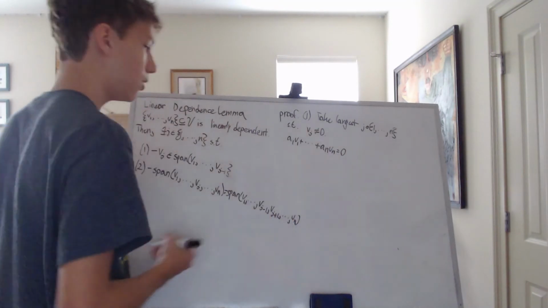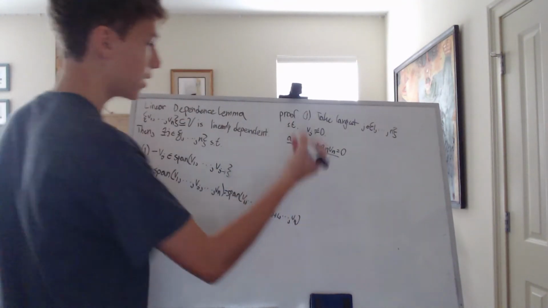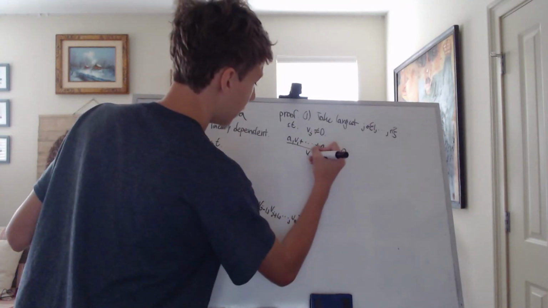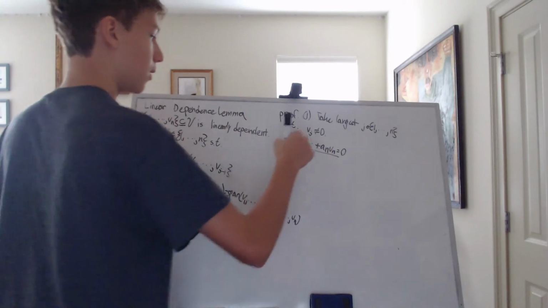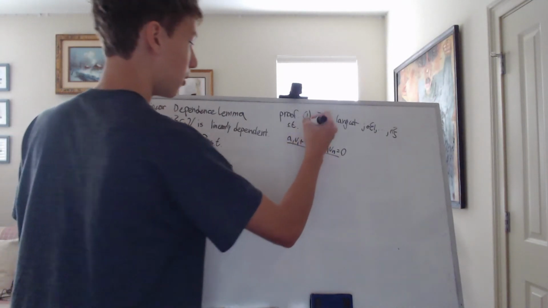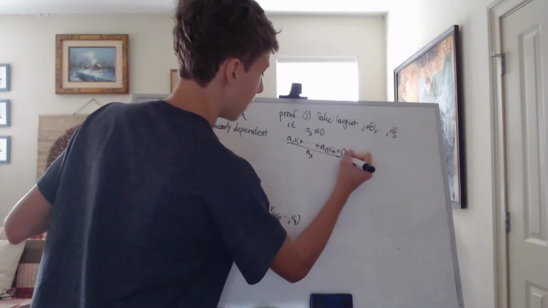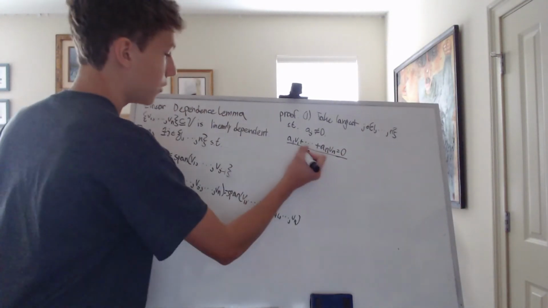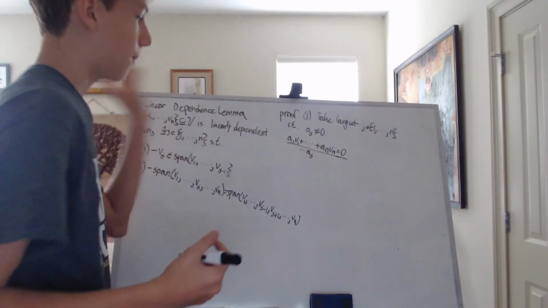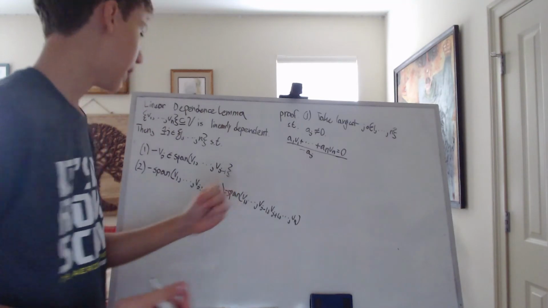And then all we have to do is, vj exists somewhere in there, divide by aj. Divide by aj on both sides, okay? And then negative aj, same process, add vj on both sides.